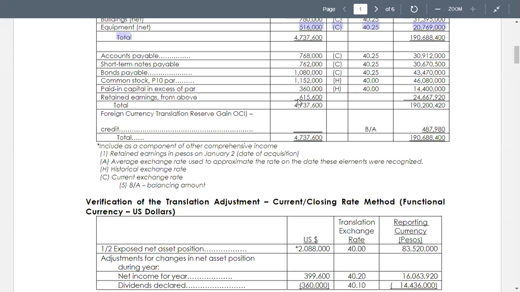That's for historical. Common stock, H, meaning historical. Okay? Now, how about the other elements? Dividends paid on October 1, 20x9.